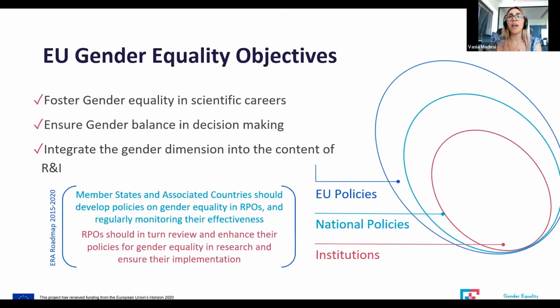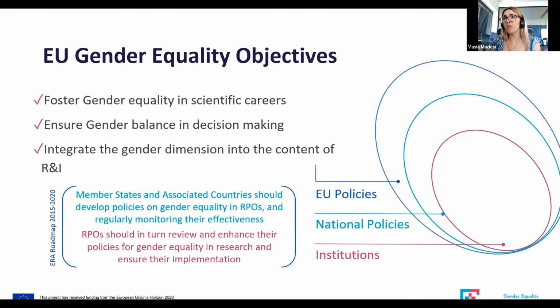So in the ERA roadmap of 2015 to 2020, member states and associated countries should develop policies on gender equality in research performing organizations, and of course monitor the effectiveness of those policies. And then RPOs should in turn review and enhance their policies for gender equality in research and ensure their implementation.